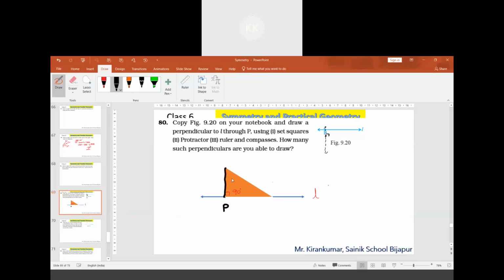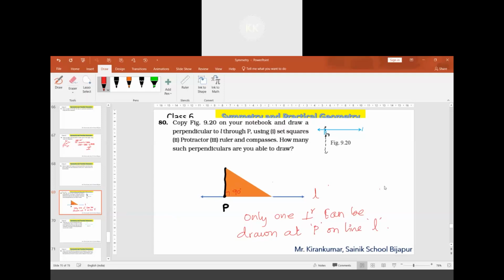This particular line will be perpendicular. Understood? So there will be only one perpendicular possible at point P on line L. Any doubt? No doubt, sir.